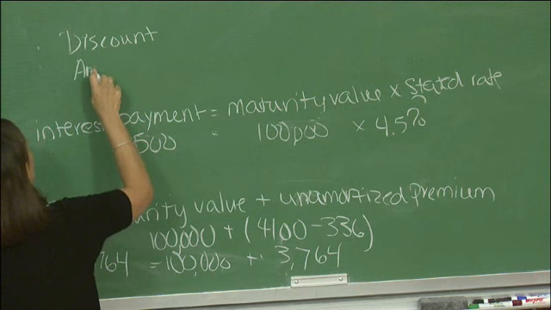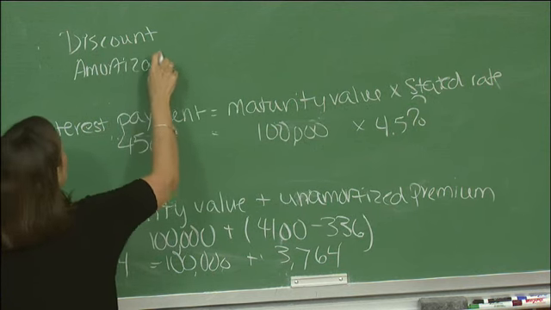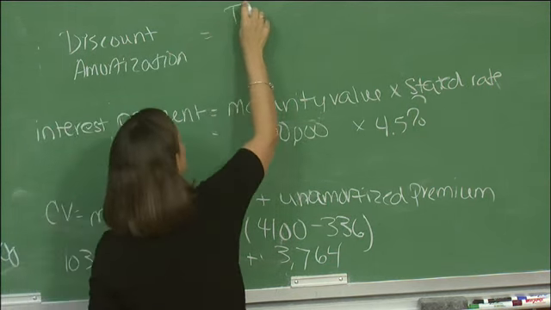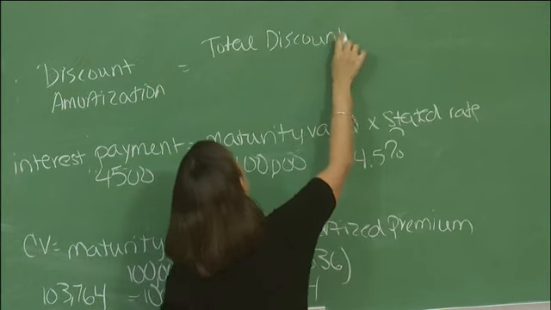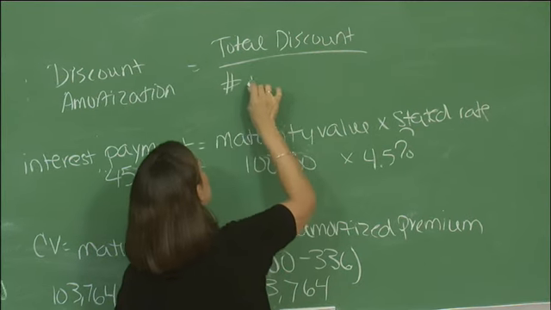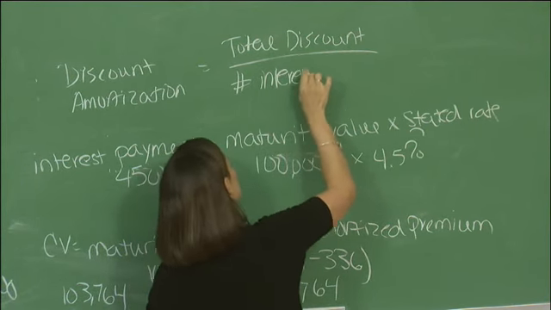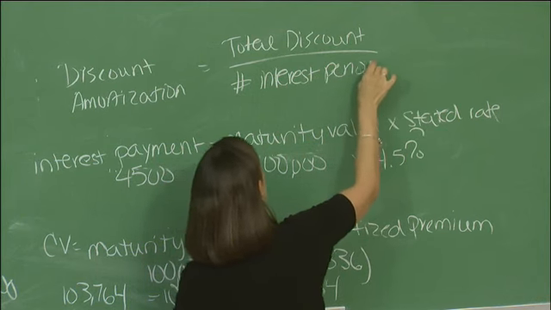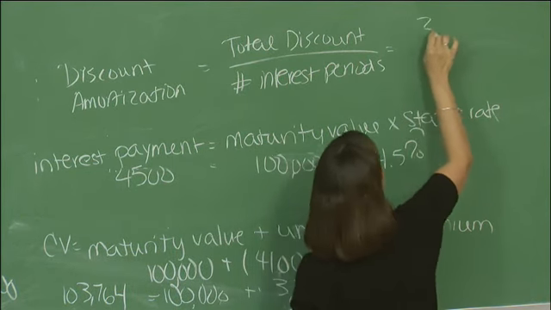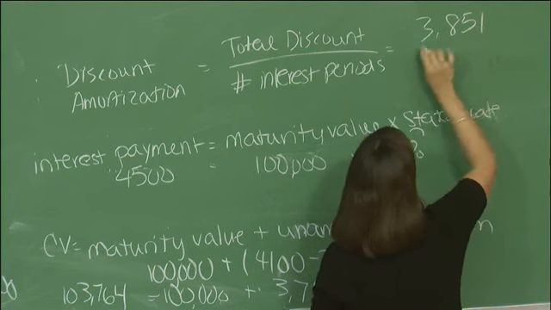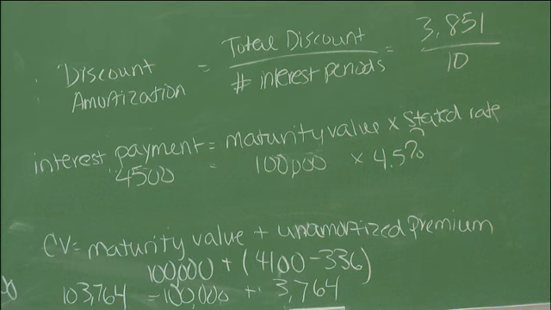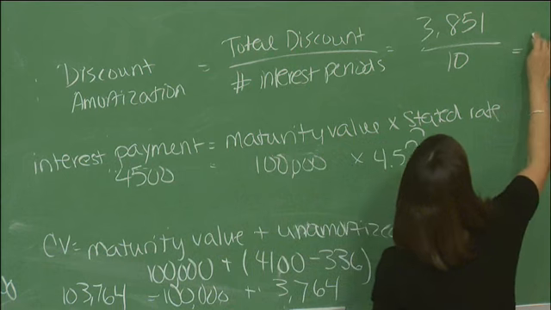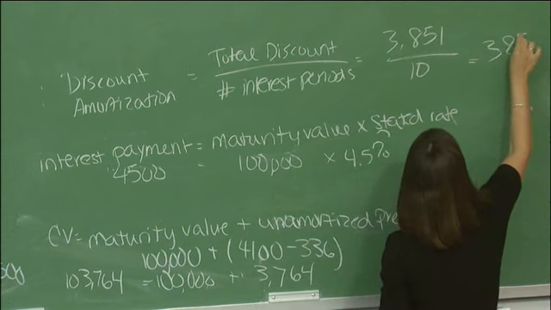So the discount amortization equals the total discount divided by the number of interest periods or interest payments. The total discount here was $3,851. There are 10 interest payments. So the discount amortization each period is $385.